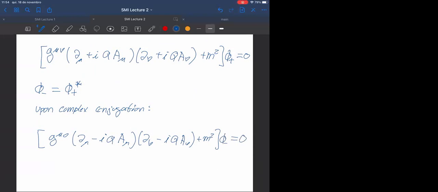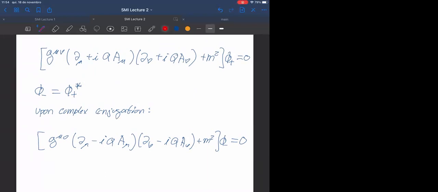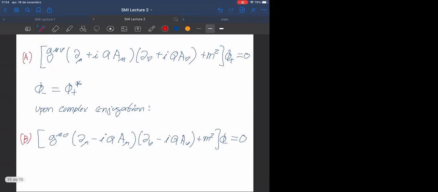So essentially, what we get is the only difference. Let me put here, this is equation A, and this is equation B. We can go from A to B by basically inverting the charge.